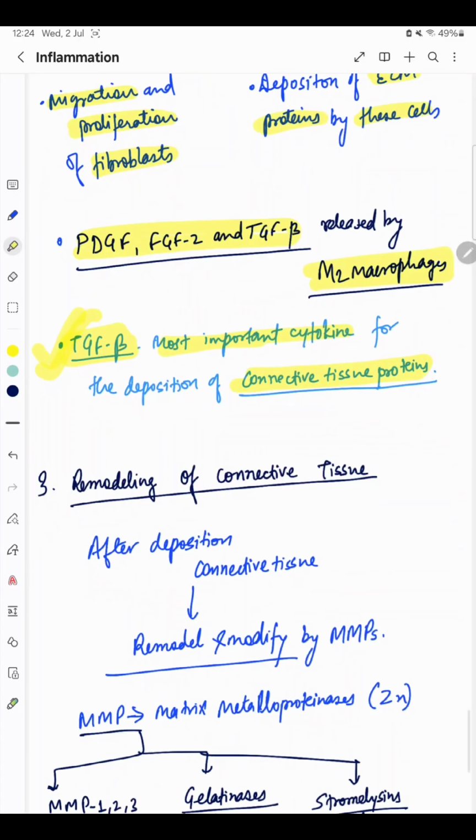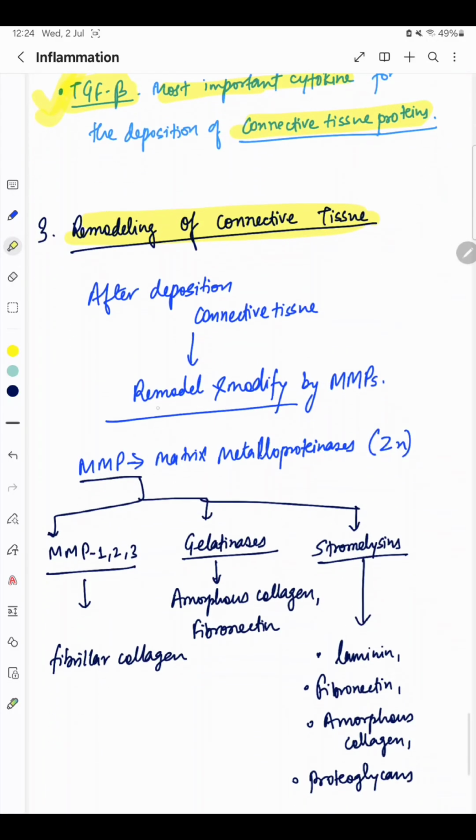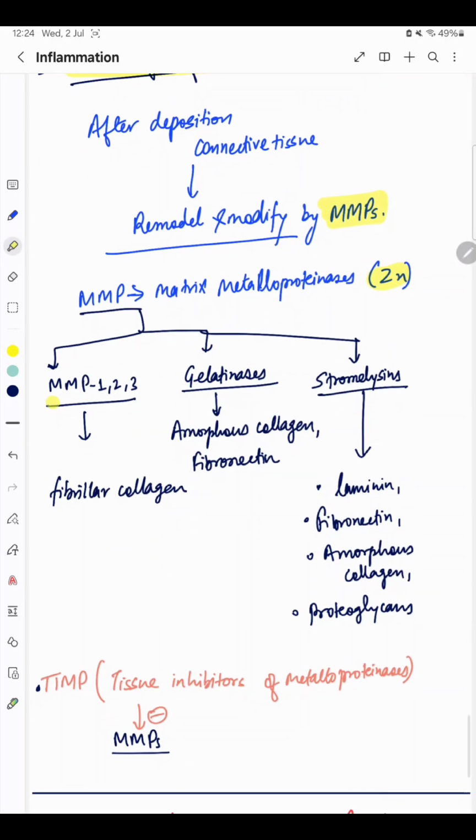The third step in granulation tissue and scar formation is remodeling of the connective tissue. After deposition of connective tissue, there will be remodeling of this connective tissue by matrix metalloproteinases. They are zinc based enzymes. Broadly they have three categories: MMP 1, 2 and 3, which are responsible for the remodeling of fibrillar collagen.